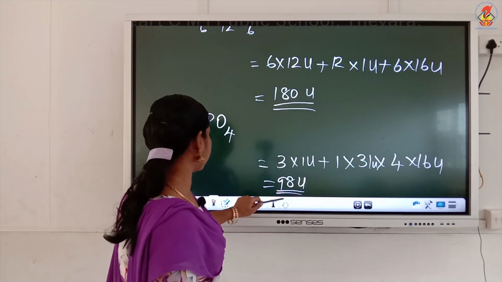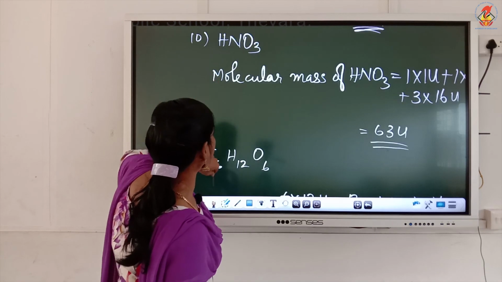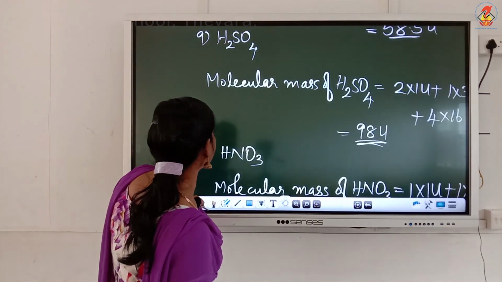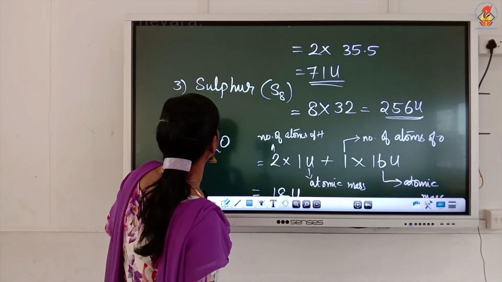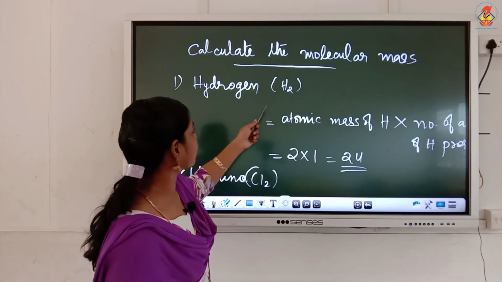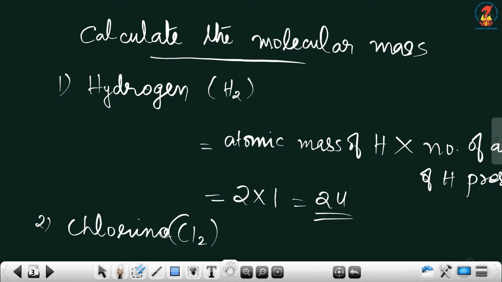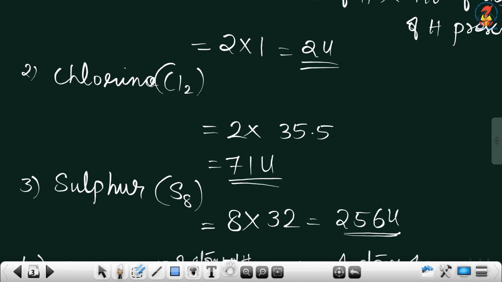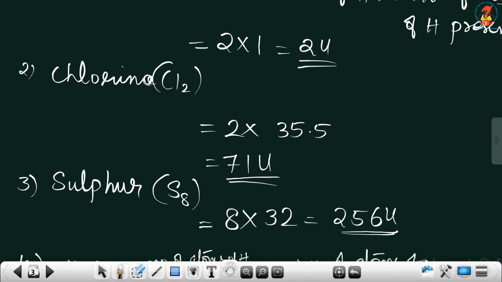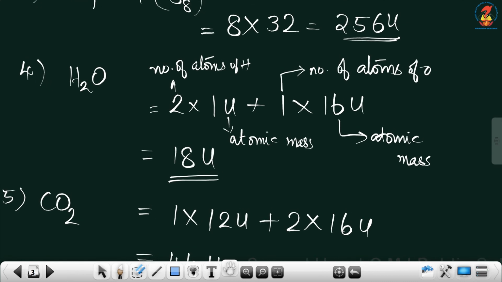Once again we can see how to calculate the molecular masses of different compounds. Initially we saw how to calculate the molecular masses of different molecules of an element: hydrogen, so 2U; chlorine, its representation is Cl2, so 71; sulfur, S8, so 8 into 32 you will get the answer.